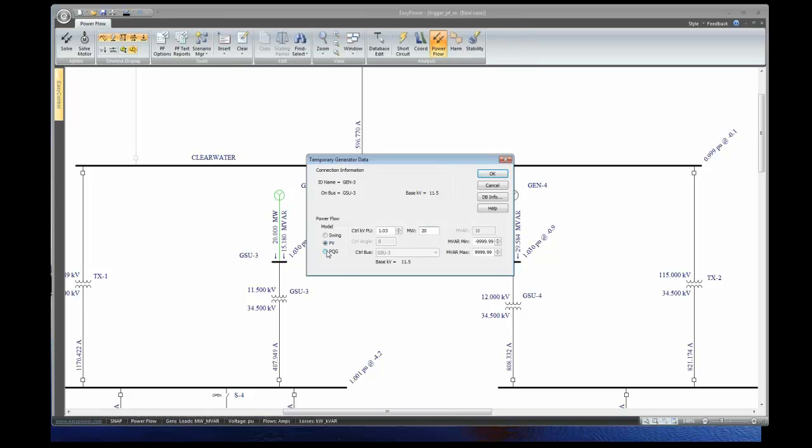So swing, we know what that means. That means we're going to let it swing between whatever extremes it needs to balance out the power flow solution. If I go back to PQG, I'm scheduling the megawatts just like I did in the PV, right? I'm going to say I want 20 megawatts. The only difference is I'm going to tell it exactly how many megavars I want.